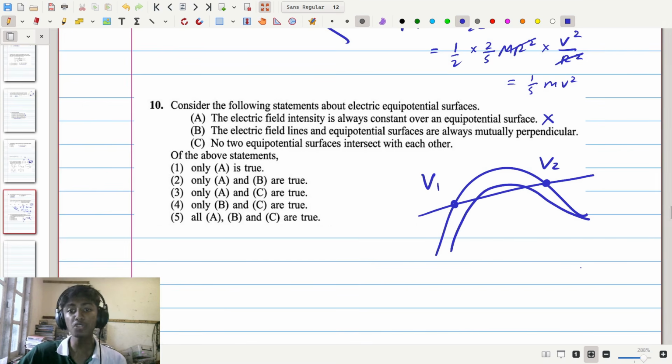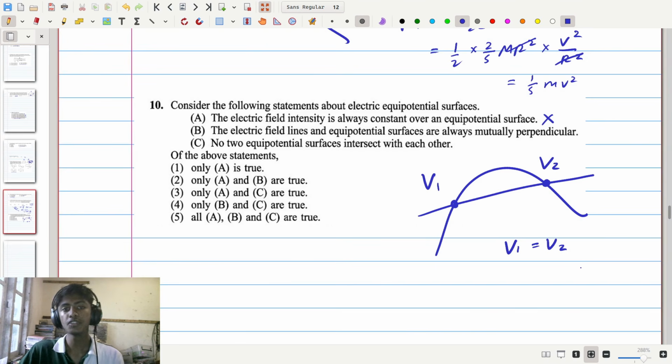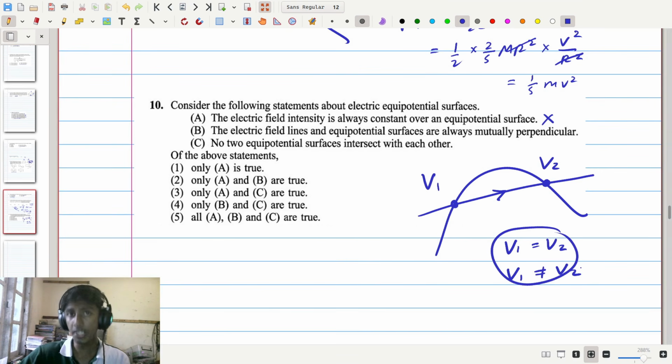Since these two are on the same equipotential surface, V1 should be equal to V2. However, since we have an electric field line here that passes like this, going from V1 to V2 should change your potential, and therefore V1 cannot be equal to V2. Now these two are a contradiction. You cannot have V1 equals V2 and V1 not equals V2 at the same time.